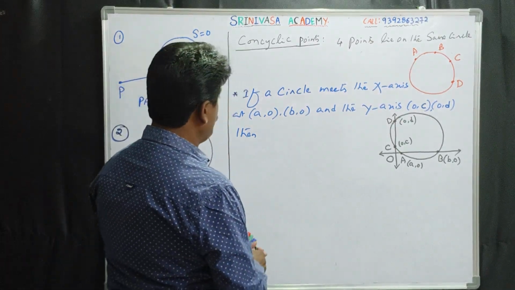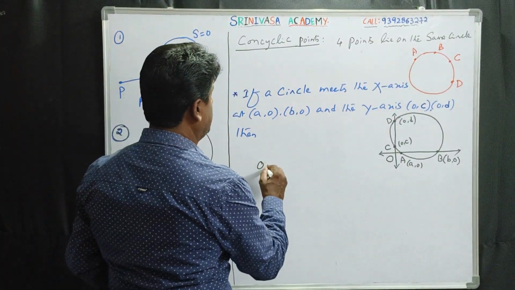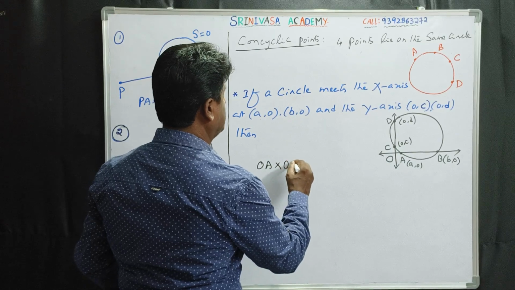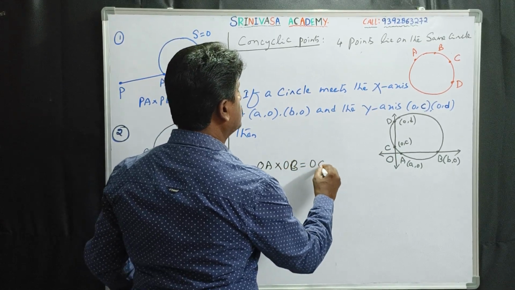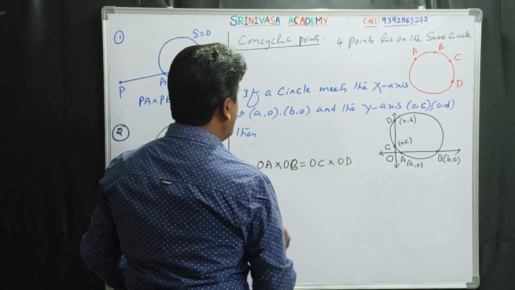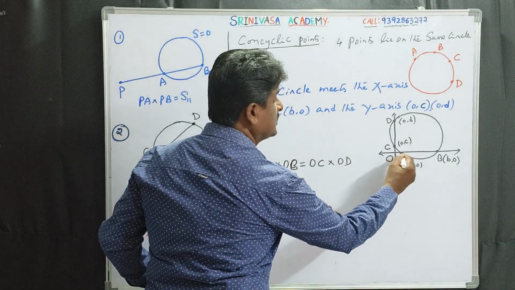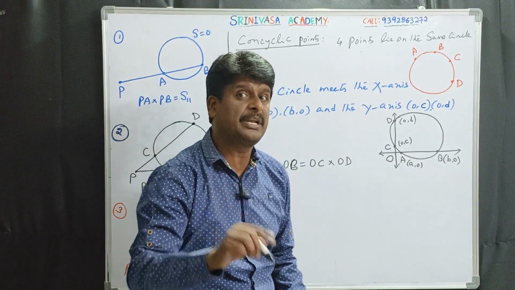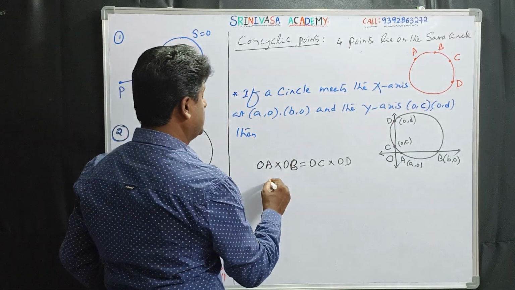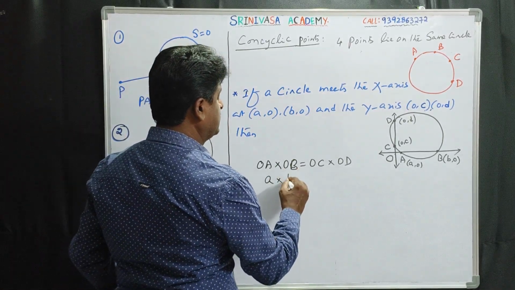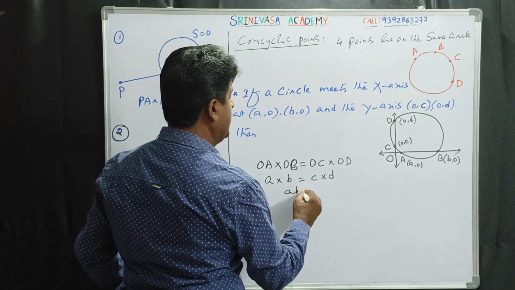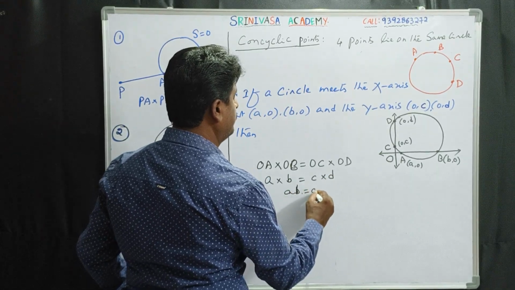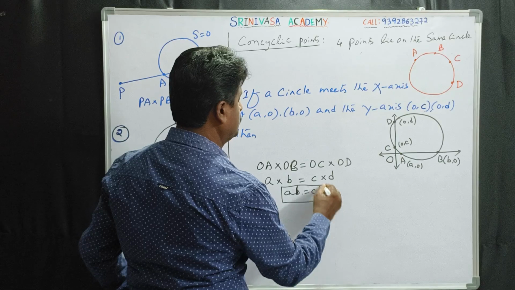Because O is an outside point, according to previous conditions, we know that OA into OB is equal to OC into OD. O to A distance is small a, as the coordinates of point A are a comma 0. O to B distance is small b, this is small c, this is small d. So ab is equal to cd.